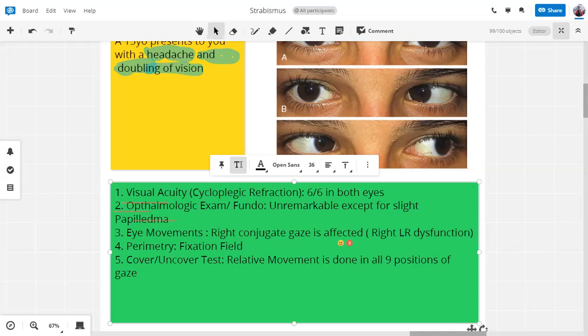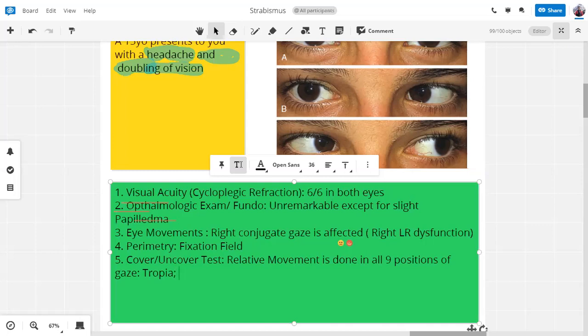Why do we do that? ठीक है, one thing is good. आपने बता दिया कि yes, we will find out that there is a comitant and a non-comitant squint. Meaning that either there is a tropia, or if a tropia is manifested, yes, we can find out that.